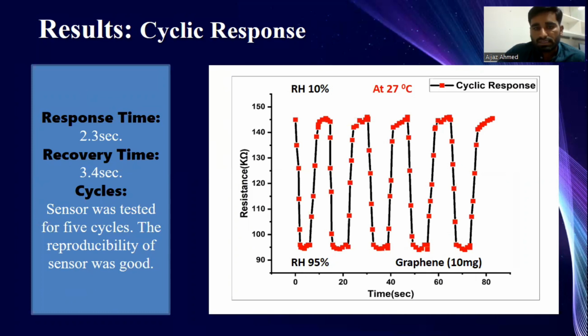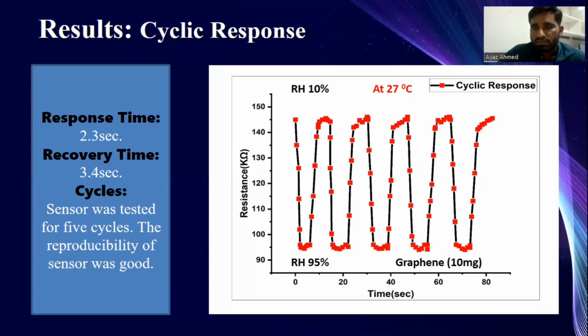From the graph, it is clear that when we gradually increase the humidity from 10 to 95%, the resistance of the LDR is gradually decreasing, and when we again start decreasing the humidity from 95% to 10%, the increasing behavior of the resistance can be seen from the graph.